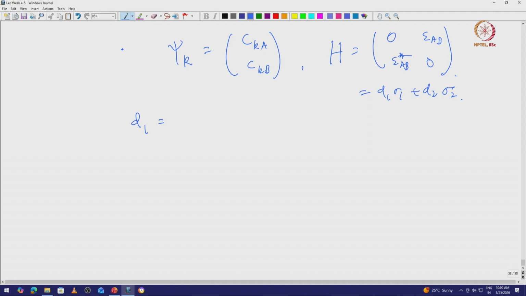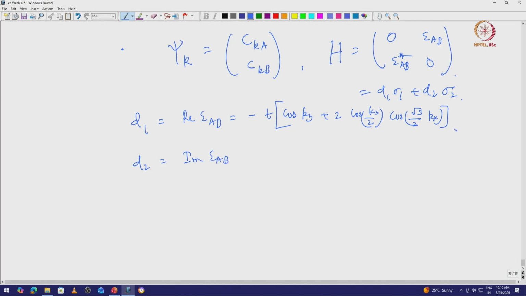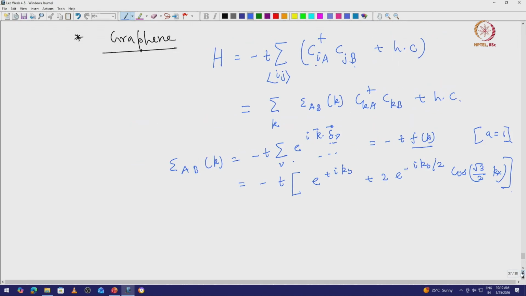So d1 is the real part of epsilon_k, which will just be minus t times cos ky plus 2 cos ky by 2, and d2 is the imaginary part, which is equal to minus t times sin ky minus 2 sin ky by 2. So I take the real part and imaginary part.